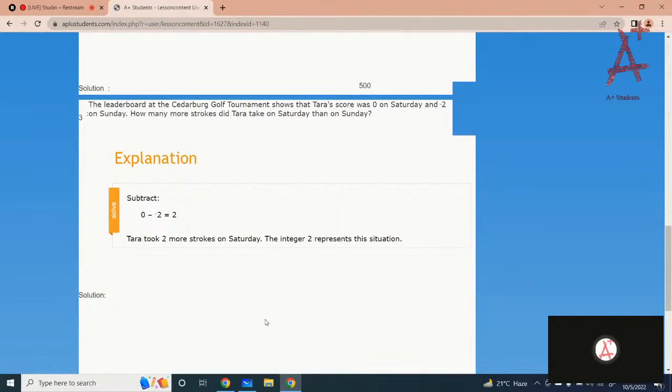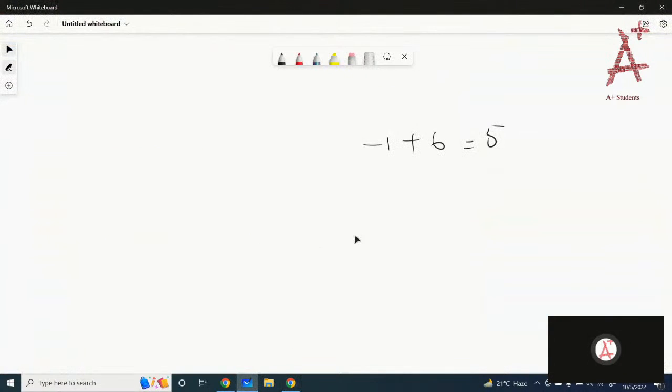How many more strokes did Tara take on Saturday than on Sunday? So you have to subtract them. 0 minus negative 2. Subtracting a negative number is same as adding. So it would be 0 plus 2, and 0 plus 2 is 2. Got it?